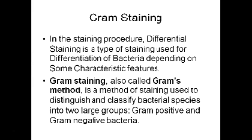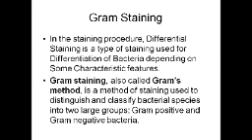Today we are going to discuss a differential staining procedure for observation of bacteria and differentiation based on some characteristic feature, that is Gram's staining. This is a differential staining procedure used for differentiation of bacteria dependent on some characteristic features.